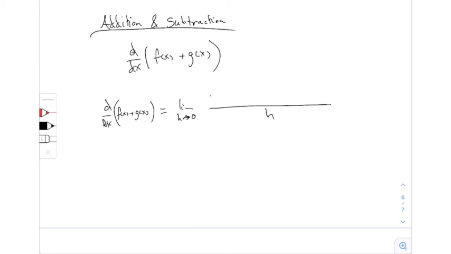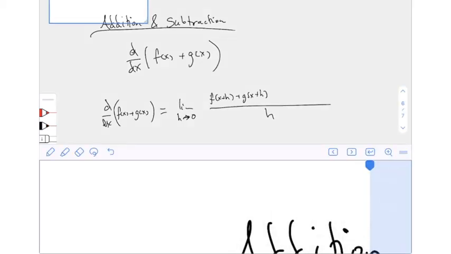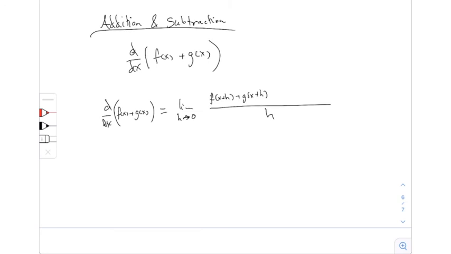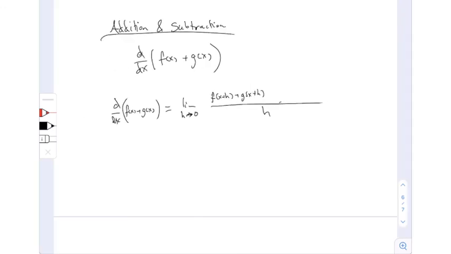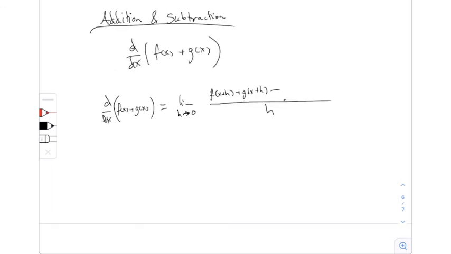It looks like f of x plus h plus g of x plus h. That's what you get when you plug in x plus h for x. All right, then I go minus, and then just whatever this says already as is, it will be f of x plus g of x.